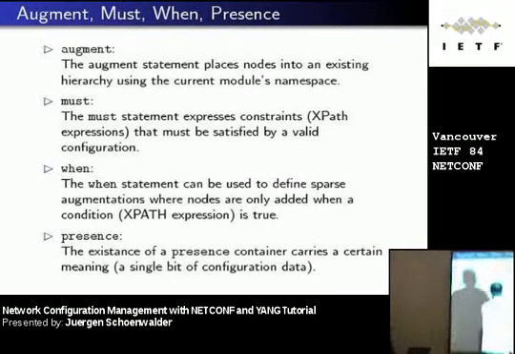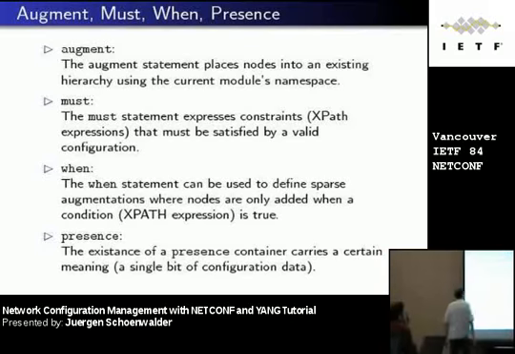Another cool feature is the must statement. In your data model, you can write down constraints that need to be satisfied. If the server is being asked to validate the candidate data store, the server is expected to actually check whether these must rules are satisfied. Now that's a sharp tool.